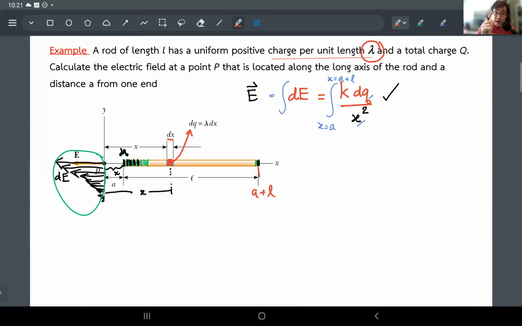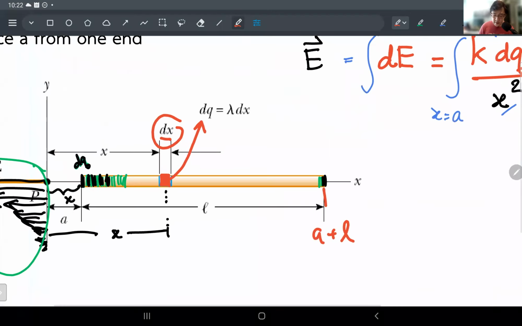You get 1 lambda coulomb in 1 meter. You have 2 meters, it's going to be 2 lambda. 3 meters, 3 lambda. 5 meters, 5 lambda. Now you have dx meter. How much charge are you going to get? Lambda dx. With me? Okay.